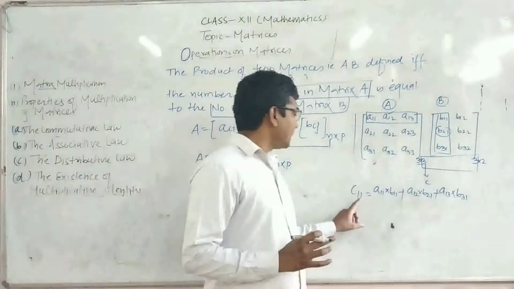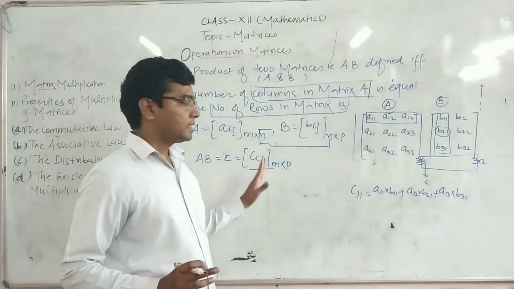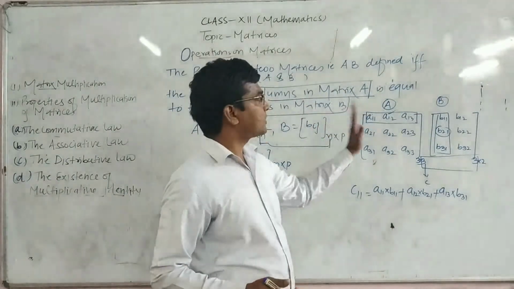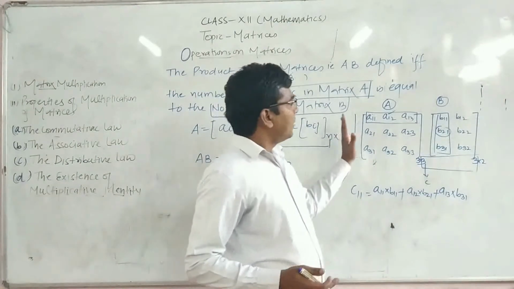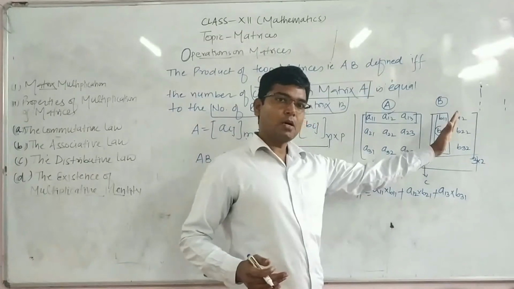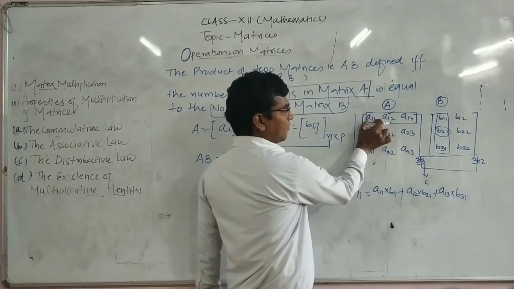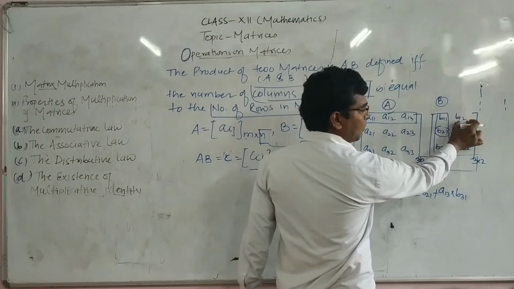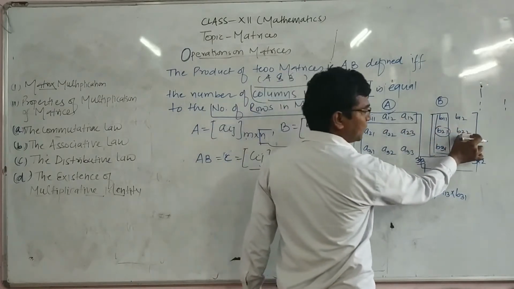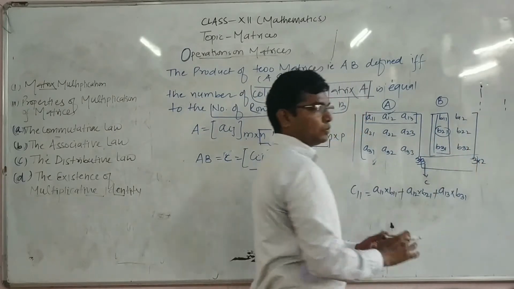Then you will get the first element of the resultant matrix, that is C11. Similarly, for C12, the same row will be multiplied by the second column with the corresponding elements. Means A11 will go with B12, plus A12 will go with B22, plus A13 will go with B32.